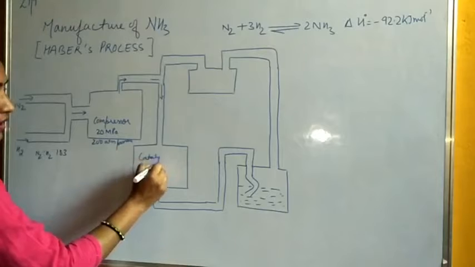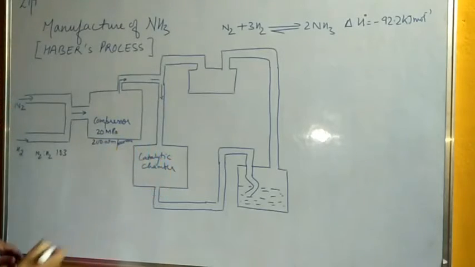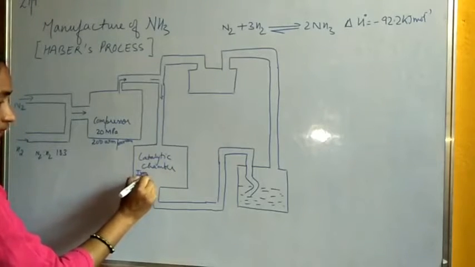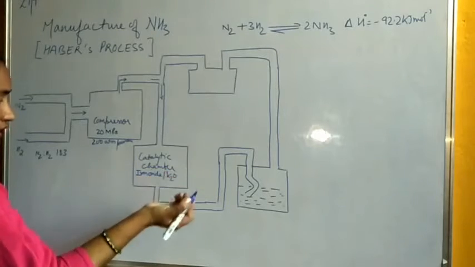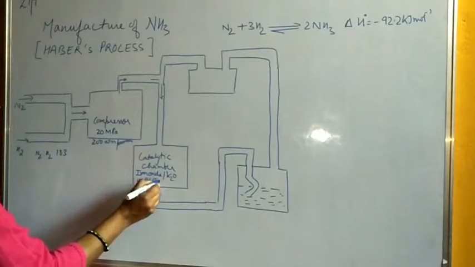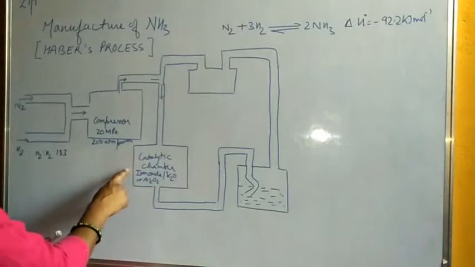Students, this is the catalytic chamber, right students? Here we have got iron oxide along with potassium oxide or aluminum oxide, right? Here we will have promoters also, molybdenum will also be present here, right?